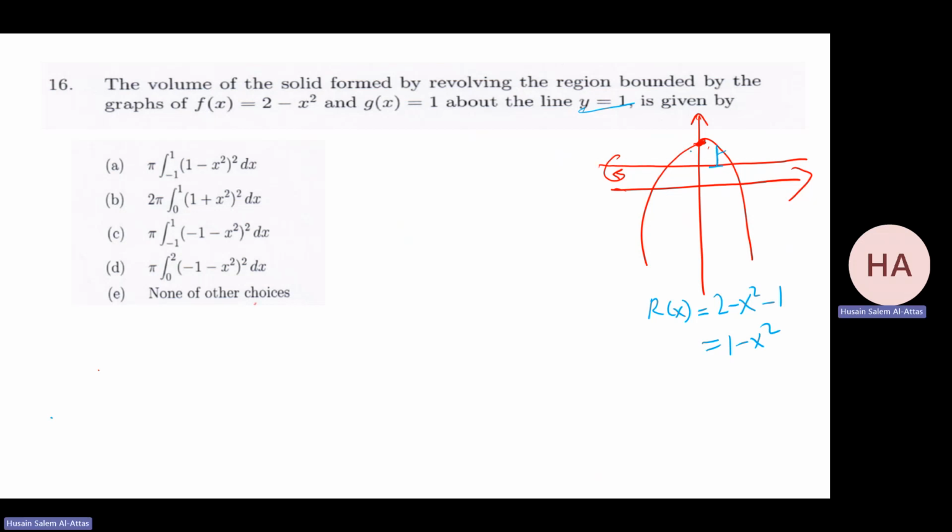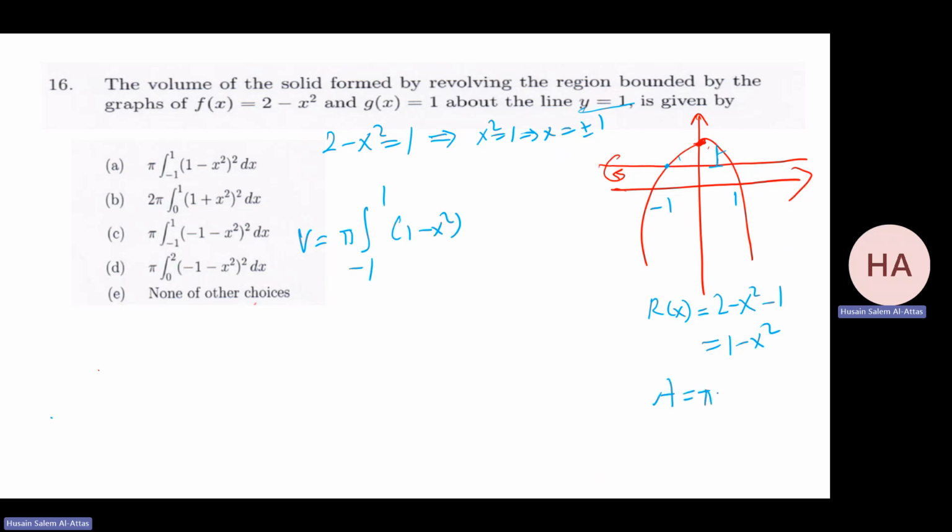And from where to where? That is from when y equal 1, I equate this equal to 1. This is the point of intersection. It means what? x squared equal 1. So x equal plus or minus 1. So these are minus 1 and 1. So the volume will be pi, minus 1 to 1 of this squared, because this is the area.